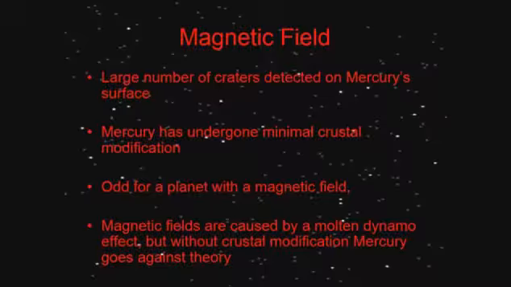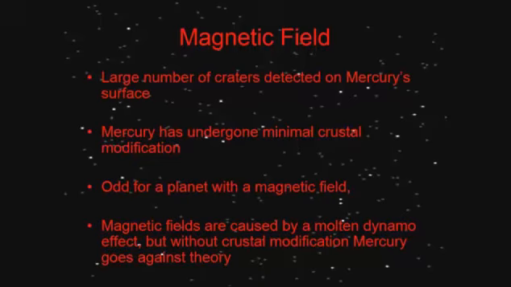If that causes magnetic fields, Mercury shouldn't have one because it's geologically dead. No tidal interactions. So magnetic fields are caused by this molten dynamo effect, but we don't see that effect on Mercury. There's no crustal modification, so there's been very little actual geological activity.